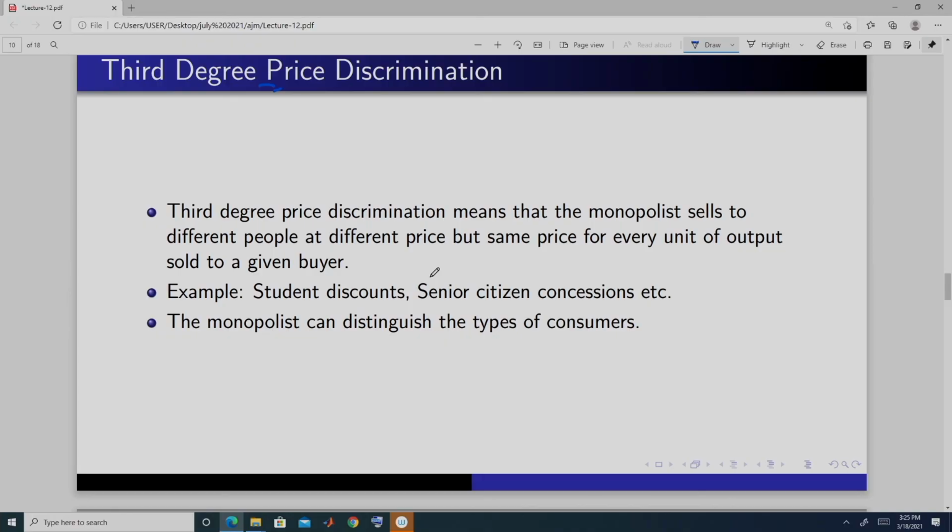So, you can charge different prices to them. You can distinguish these two types of behavior. Or say, for example, the students who have an I-card, and if you show the I-card, you get the discount. So, you can distinguish between the consumers, and you know their demand curves are different.